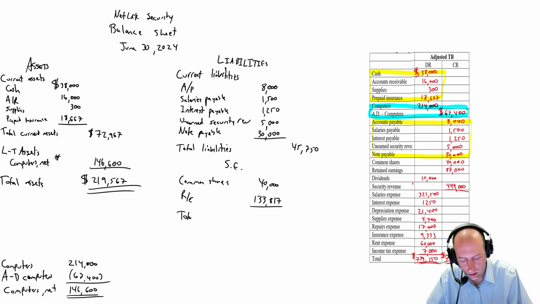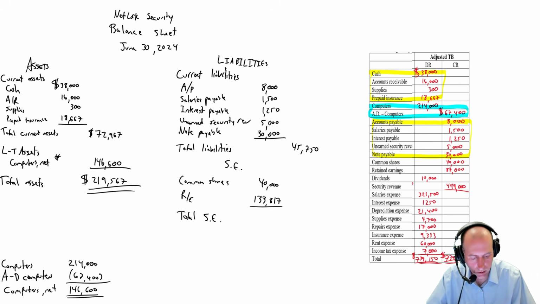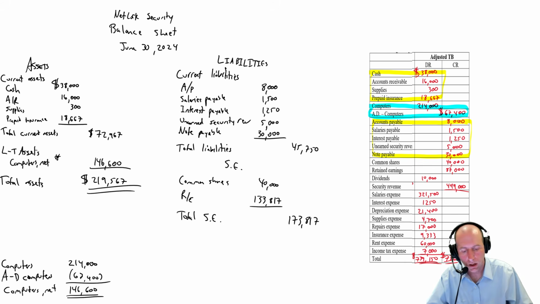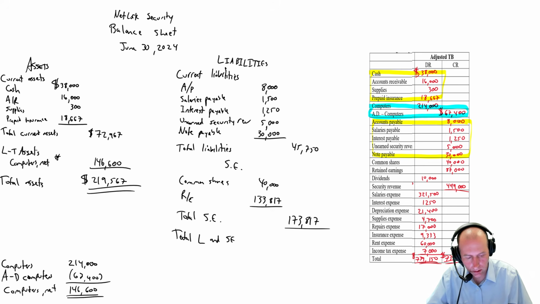Our total shareholders' equity, 40 plus 133,817, is 173,817. So our grand total then, our total liabilities and shareholders' equity, I've got my fingers crossed here.